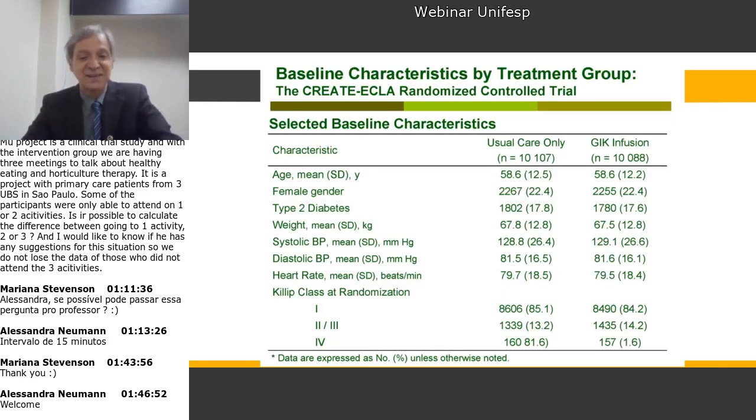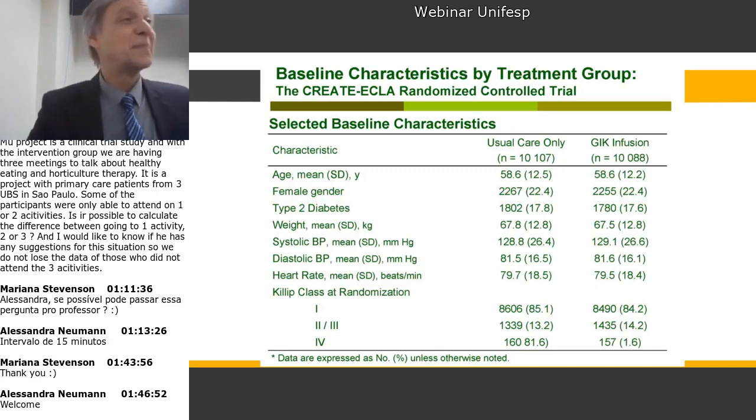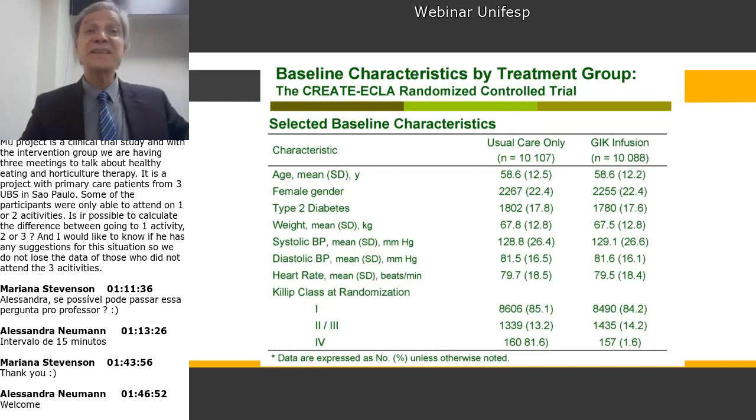Unbelievable. Some numbers are actually exactly the same. So the randomization really works, even though it's a group level randomization, not at the individual level. Remember, these are 10,000 people in each group, randomized at a clinic level.